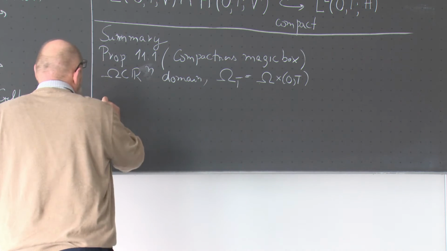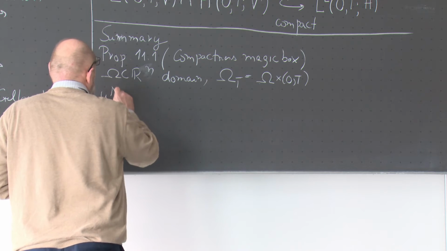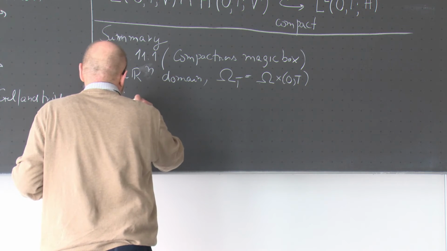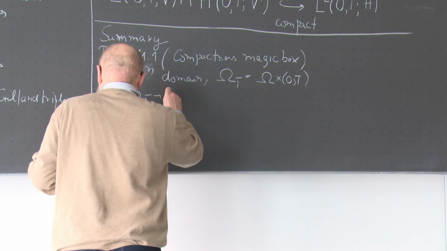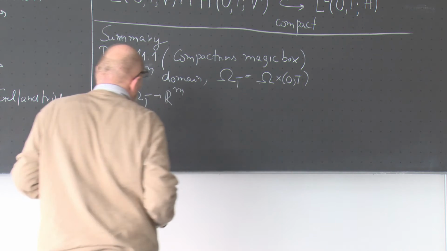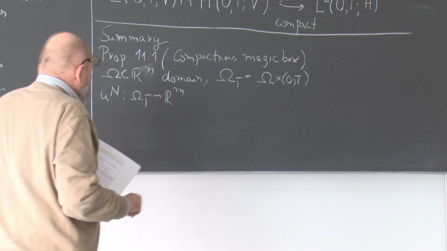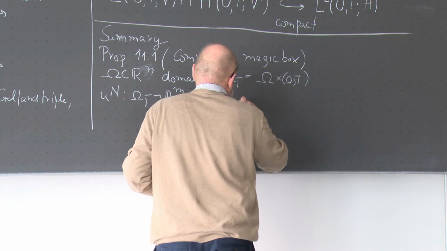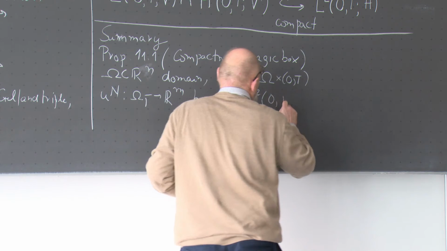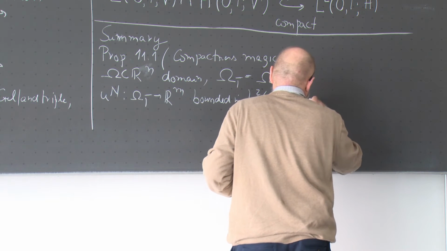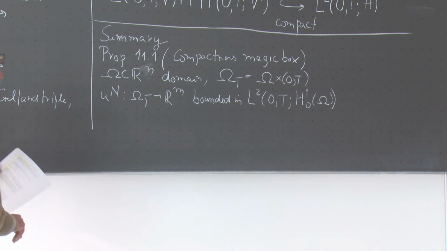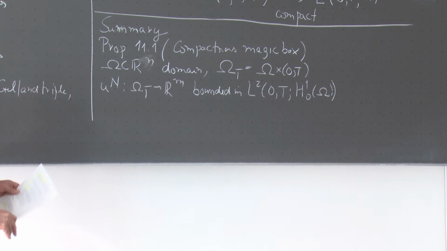Now we assume that we have a sequence of functions u_N, where capital N is the index. u_N is supposed to be a sequence of functions, which can also be vector valued, which is bounded in L2(0,T;H^1_0(Omega)). We will see that this is what we get out of the energy estimate, this kind of a priori estimate, this bound. And then what is the consequence?